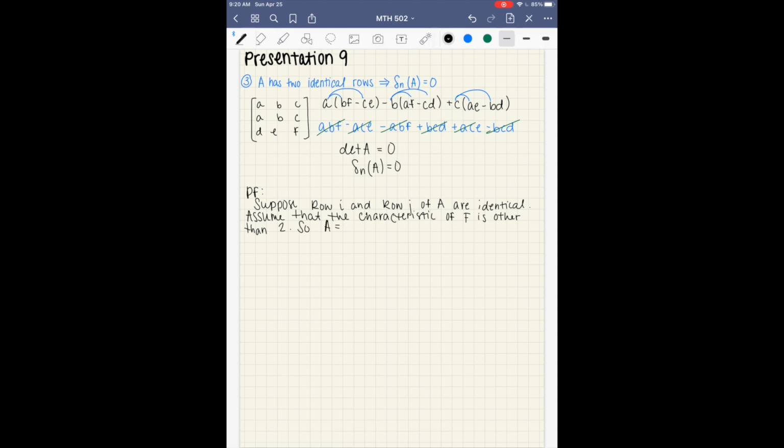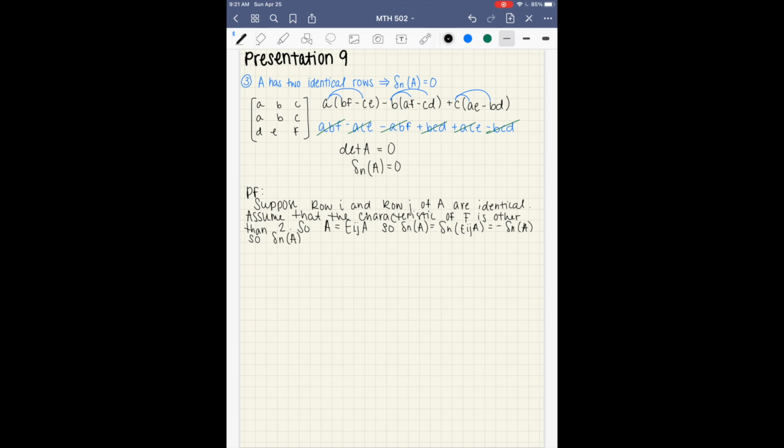So our A would just equal E_IJ A. So delta n of A is equal to delta n of E_IJ A. So then we can say negative delta n of A. So because all 3 of those things happen, we know that the delta n of A has to equal 0.